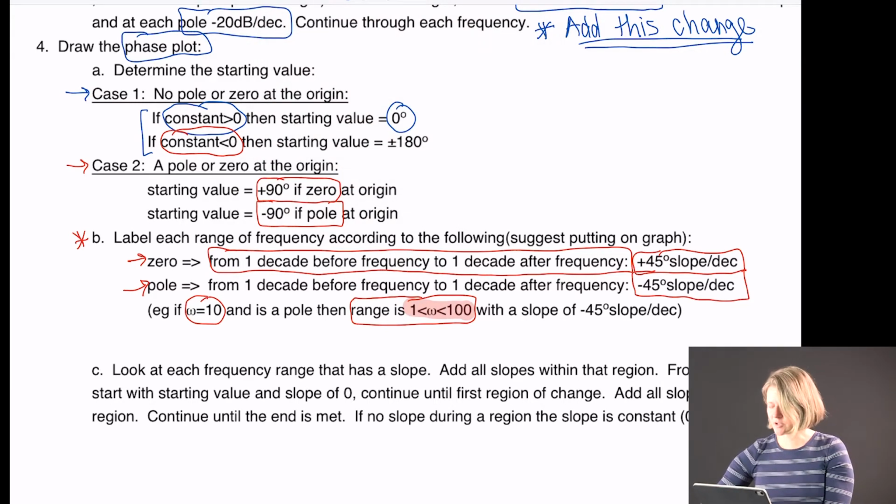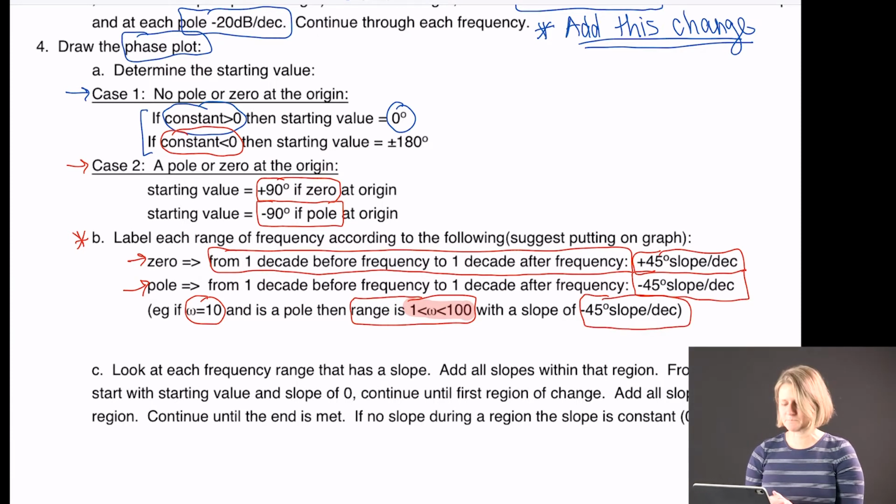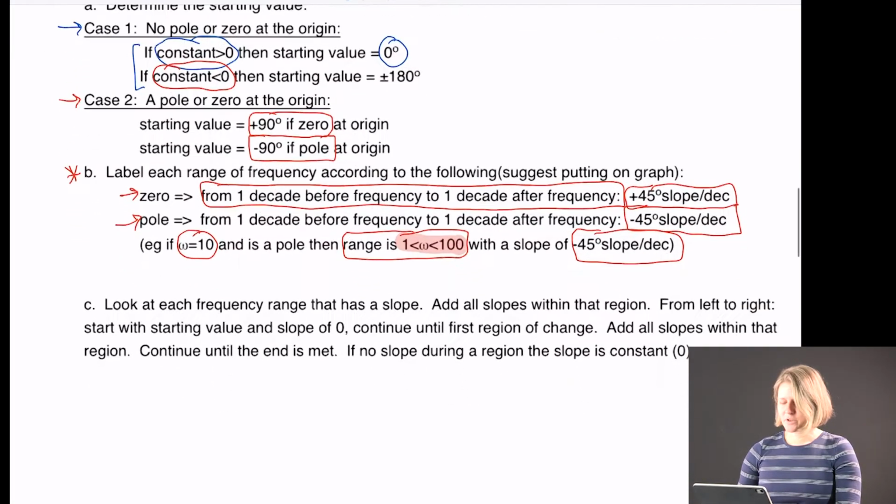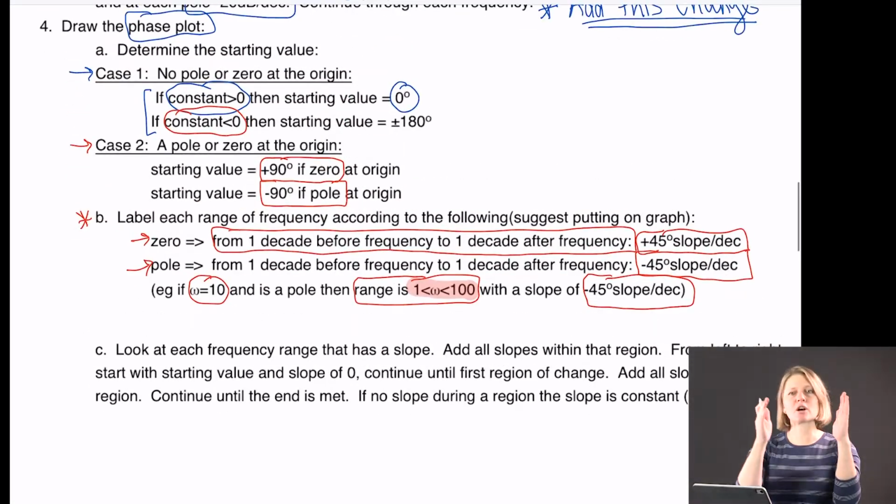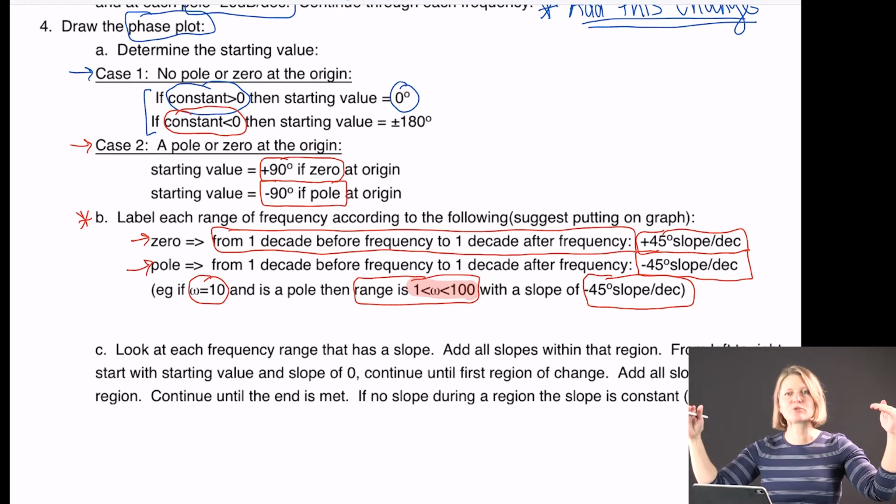And the effect during that range is that minus 45 degree slope per decade. So for the phase, you're going to mark all these ranges. And then if you have ranges that overlap anywhere, you're going to add the effects at those particular points where they overlap. Anywhere else, there's no effect and it returns to 0 slope as long as there's no affecting range.